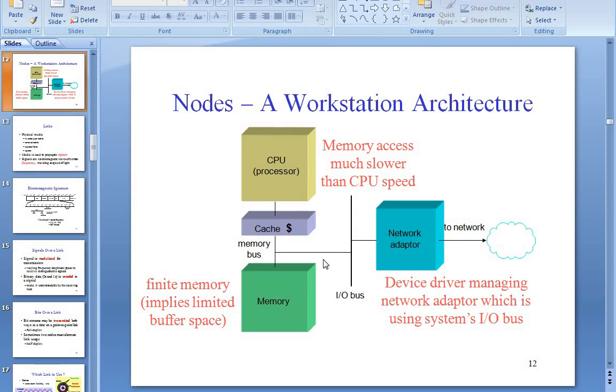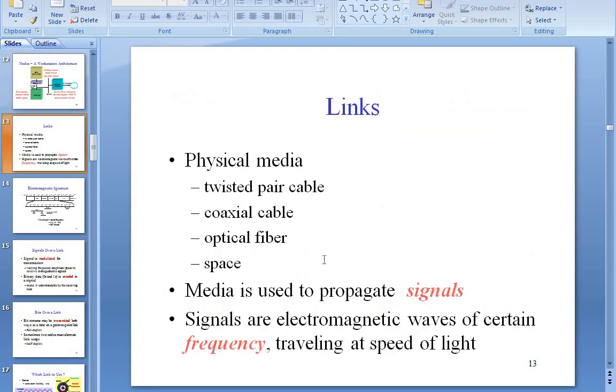Now what may be the possible issues in links that could impact the network performance? In links we have a variety of links: a twisted pair cable, a coaxial cable, a fiber optic cable, and free space communication like wireless. So media is used to propagate signals. Signals are electromagnetic waves of certain frequency traveling at the speed of light.